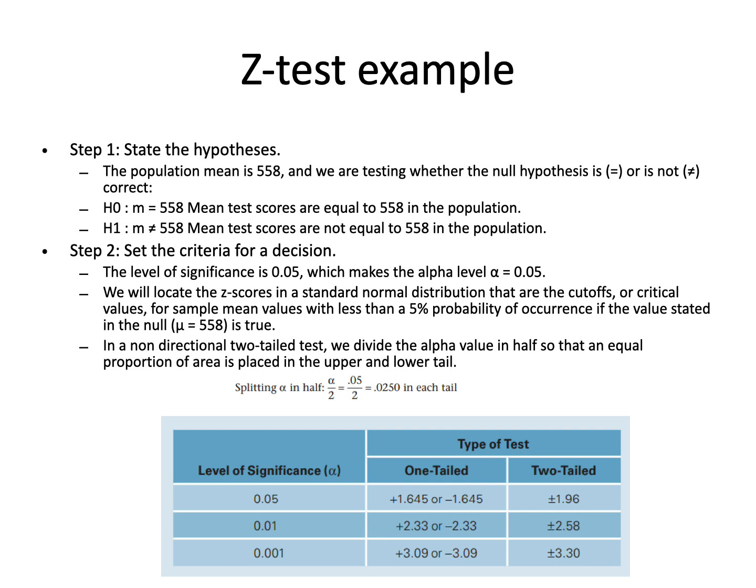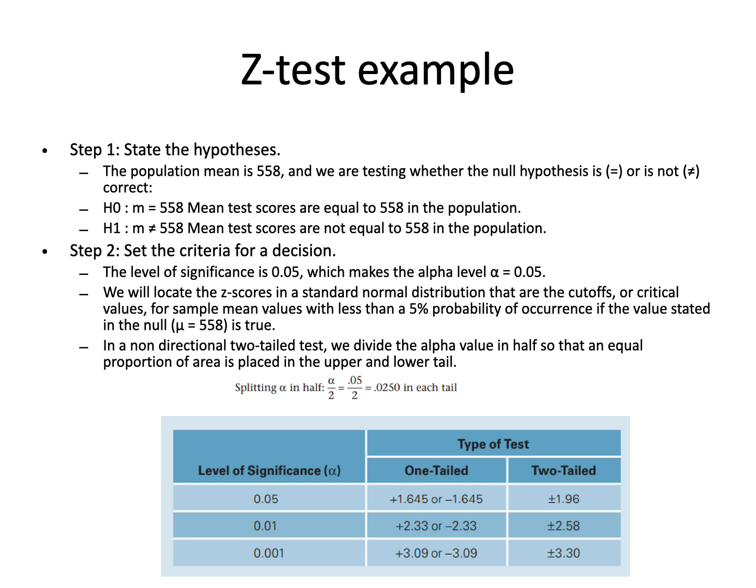And in a non-directional two-tailed test, we divide the alpha value in half, so that an equal proportion of area is placed on the upper and lower tail, as we had already discussed. If we split the alpha in half, then the alpha value will be 0.025 in the left tail and 0.025 in the right tail.